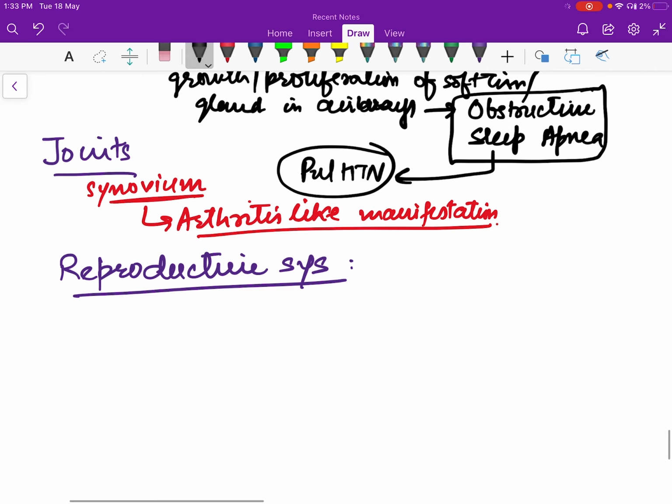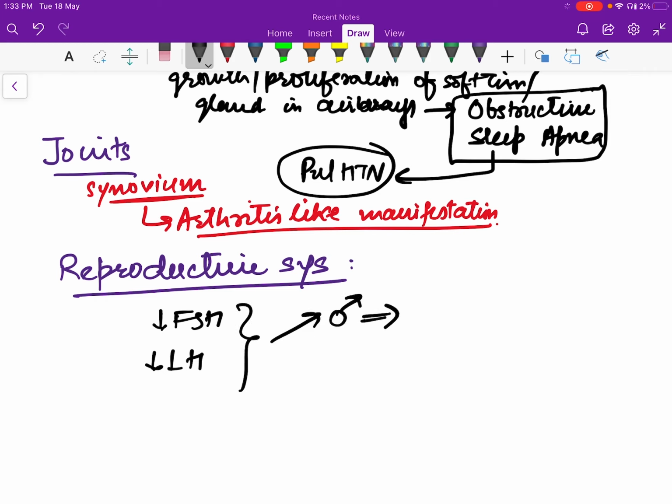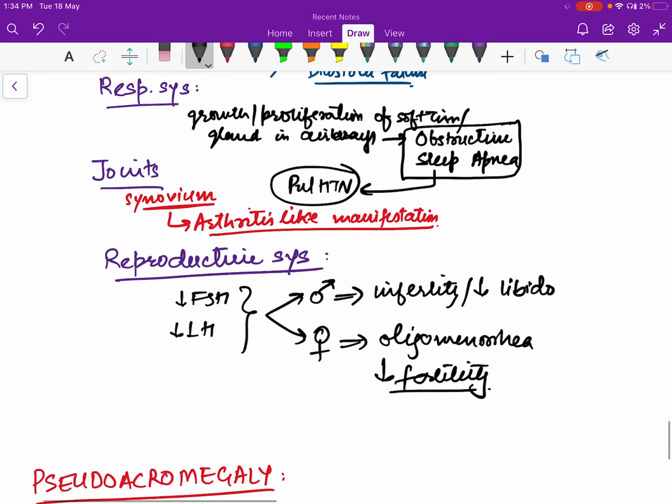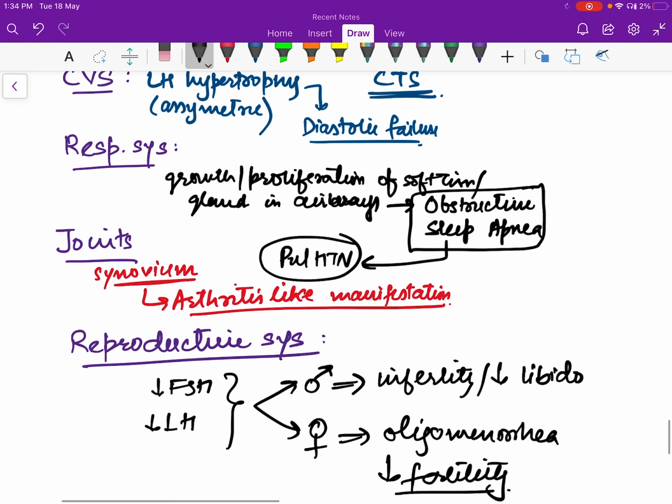So as a result, there will be decreased FSH and decreased LH, which in males can cause infertility and decrease libido, and in females it can cause oligomenorrhea and decreased fertility. So these are the main manifestations associated with acromegaly.